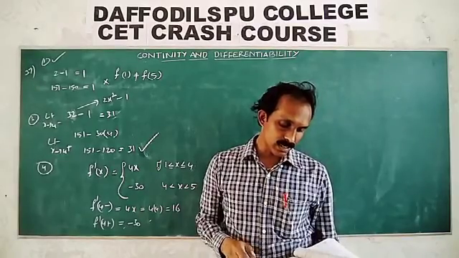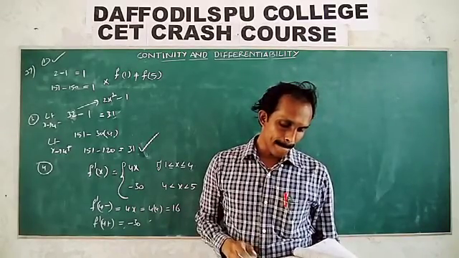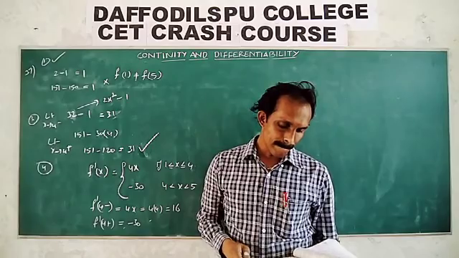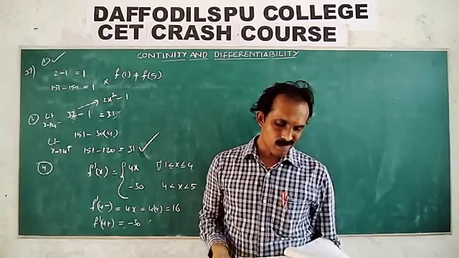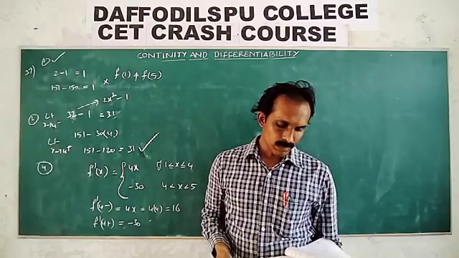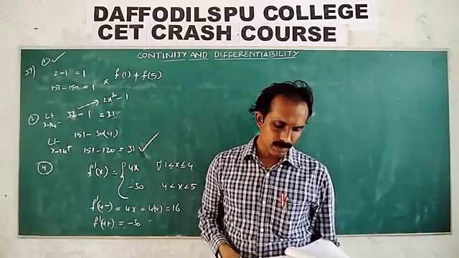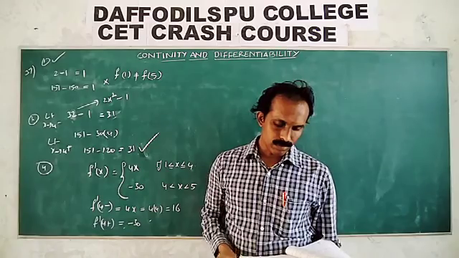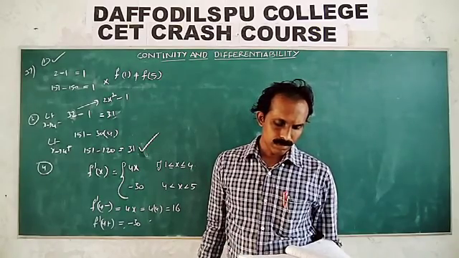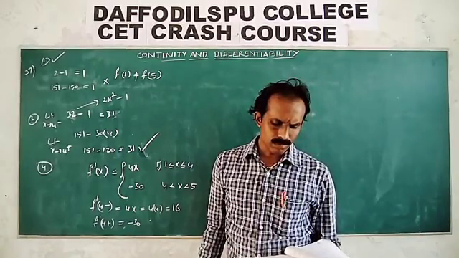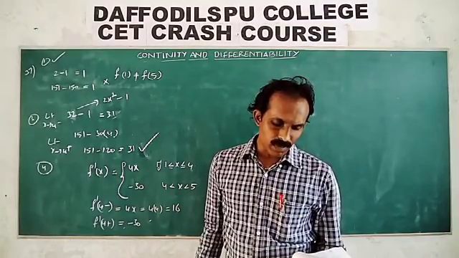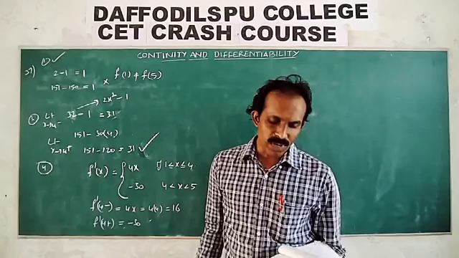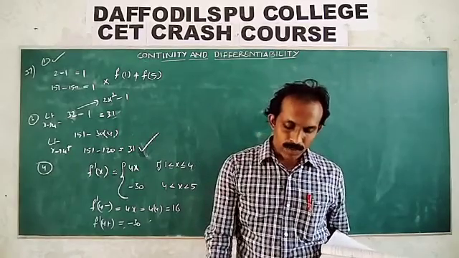Next, question 38. f of x is equal to x cube minus x plus p, where p is a constant. Find the value of c in the mean value theorem. What is the mean value theorem?